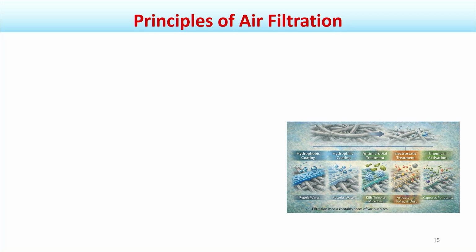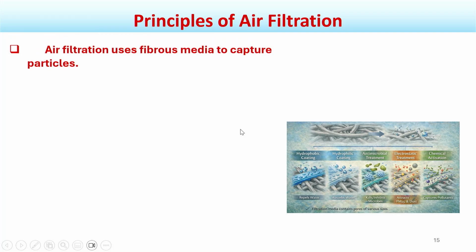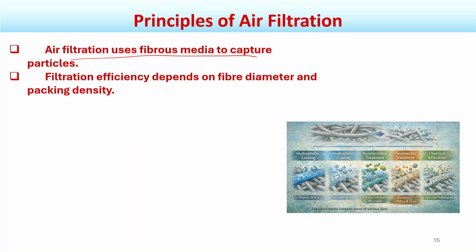Now, air filtration, what are the different principles of air filtration? Here, a fibrous medium is used to capture the particulate matters. Filtration efficiency depends on the fiber diameter and packing density.